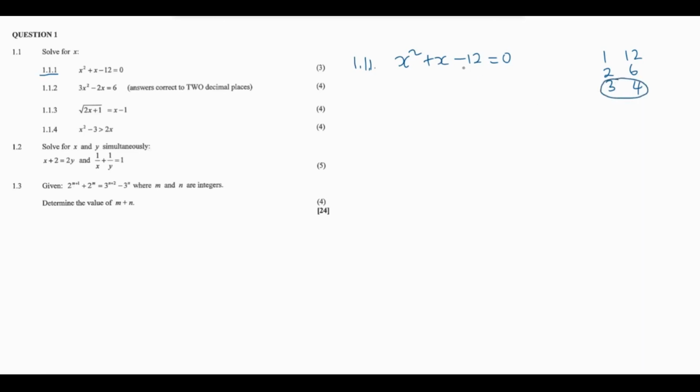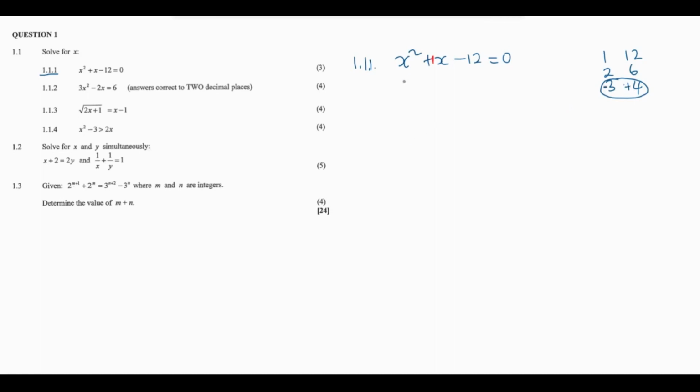Negative 12 means that one factor is negative and the other factor is positive. And this positive 1 for the coefficient of x will mean the bigger factor is the one which is positive. So this should be positive 4, and this one is negative 3.